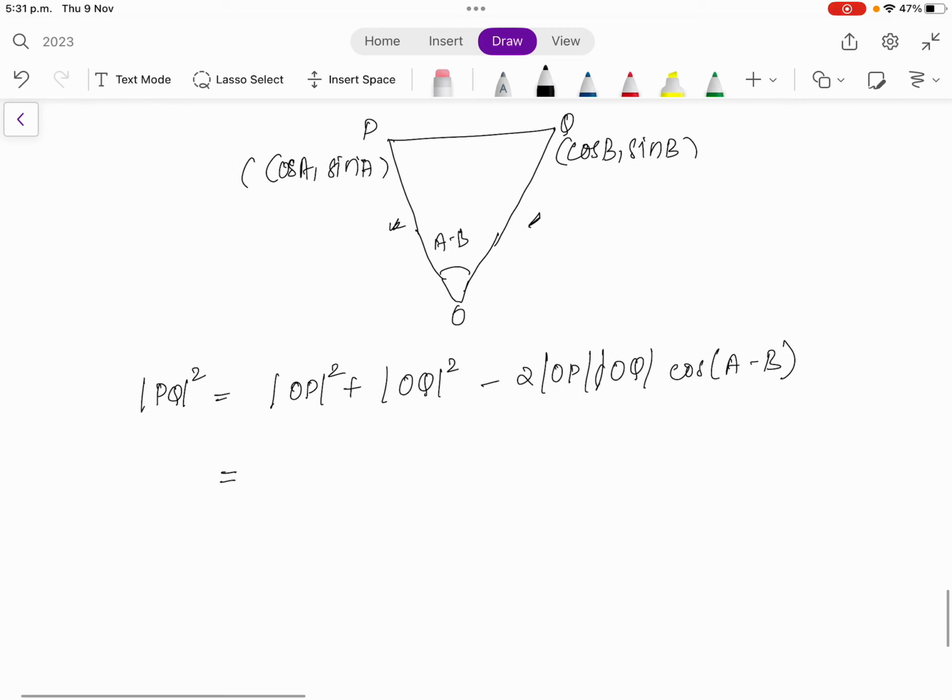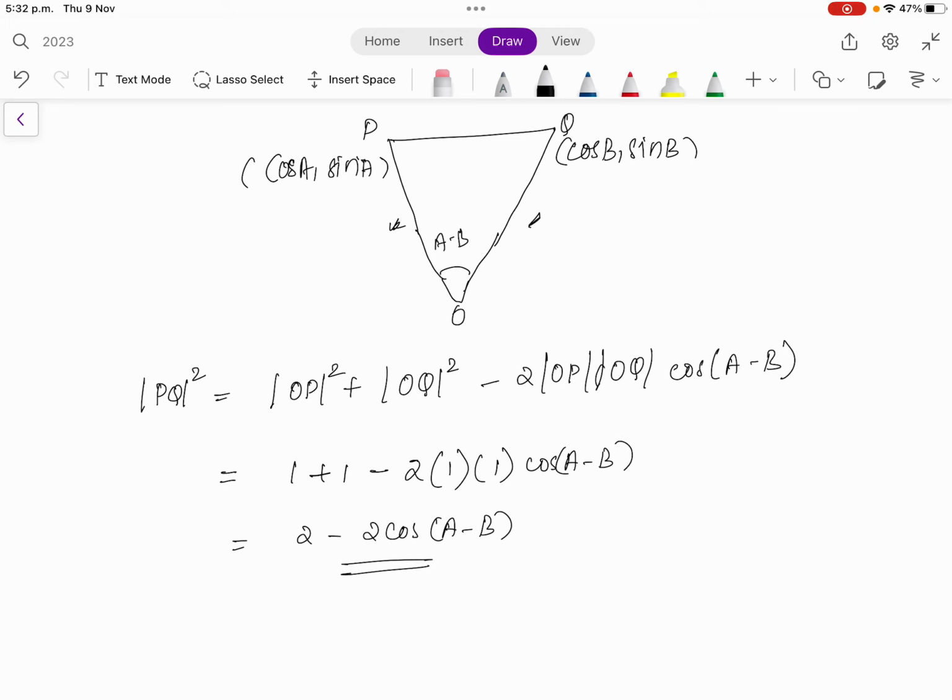OP is 1 because it's a unit circle. So 1 plus 1 minus 2 into 1 into 1 cos A minus B, which is equal to 2 minus 2 cos A minus B.